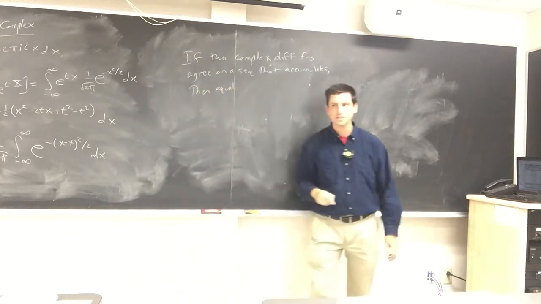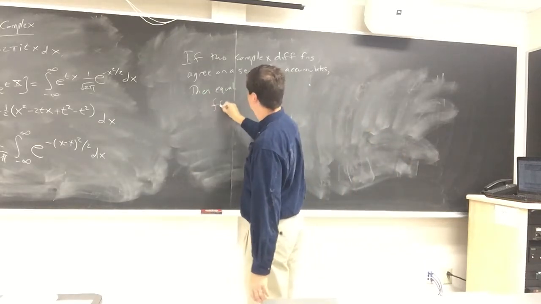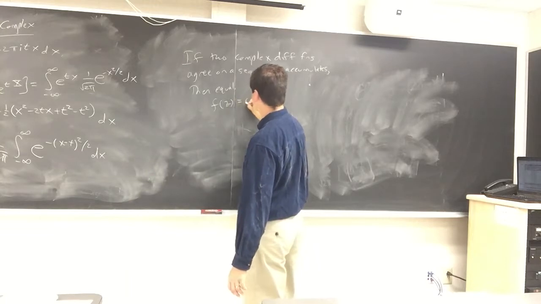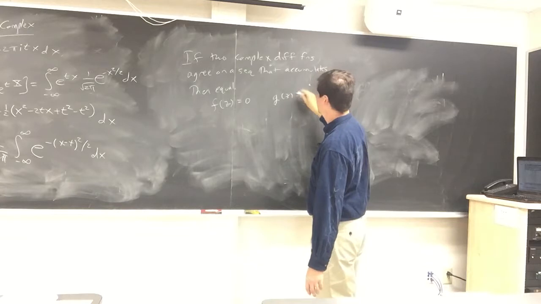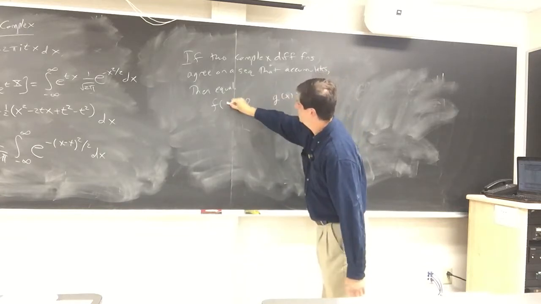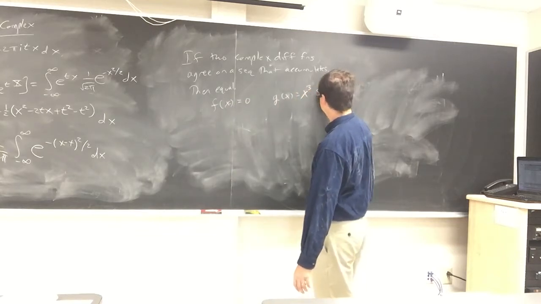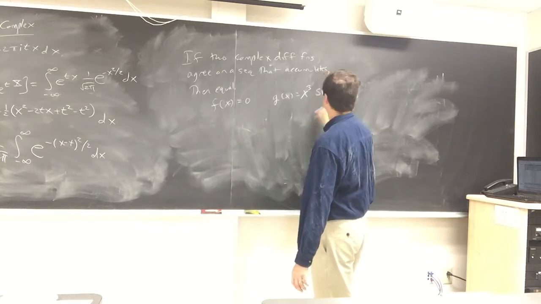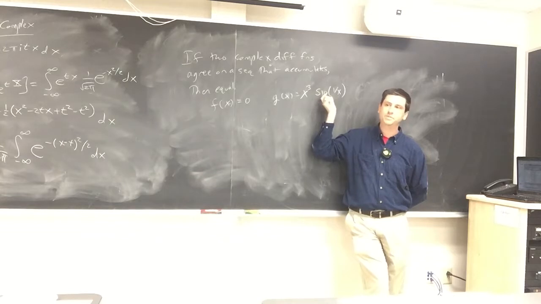To convince you that this is shockingly different than real analysis, consider the following functions. f of x is identically 0, and g of x is x cubed sine of 1 over x. We're doing functions of a real variable. This function's oscillating heavily, but as x goes to 0, sine of 1 over x is between minus 1 and 1, and x cubed is going to 0.